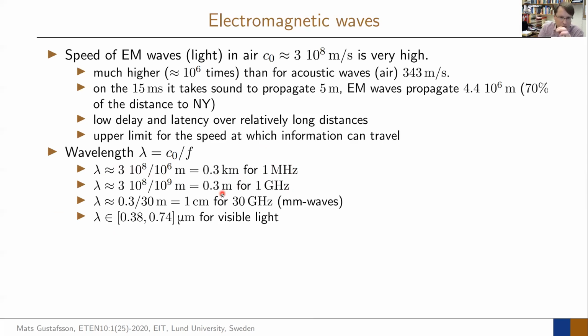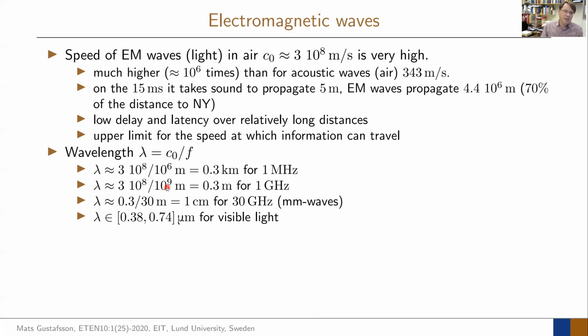And this is one thing that is really good to learn by heart. Because when you do this calculation, all of you know, how do I calculate the wavelength? Okay, speed of light divided by frequency. So what is the wavelength for 1 gigahertz? 3 times 10 to the power 8 divided by 10 to the power 9, put it into your calculator, wait for an answer. Okay, 0.3 meters.